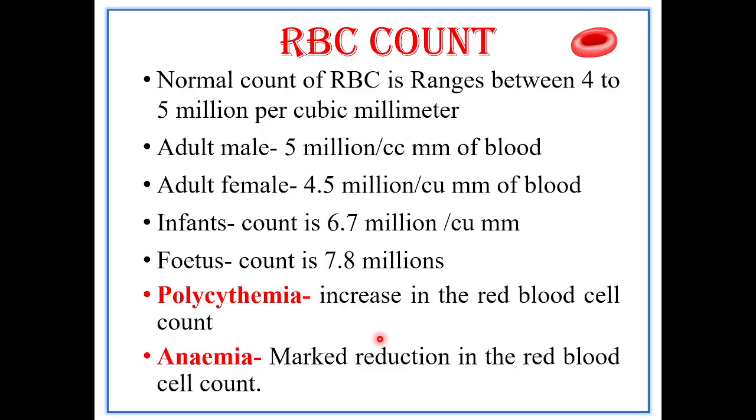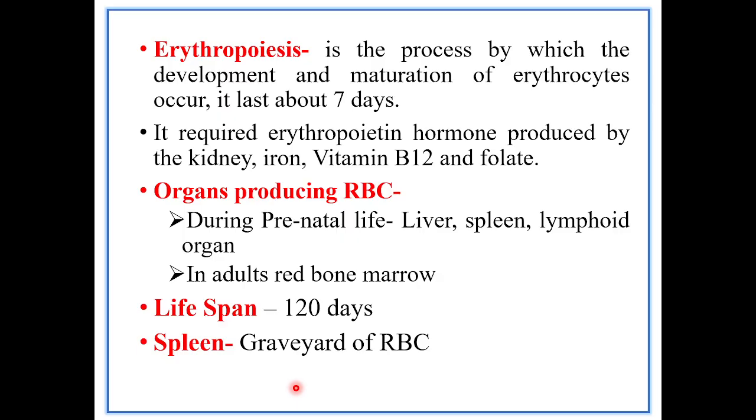Polycythemia is a condition when the red blood cell count increases above the normal count, and anemia is a marked reduction in the red blood cell count. So next is erythropoiesis. Erythropoiesis is a process by which development and maturation of erythrocytes or RBC takes place.